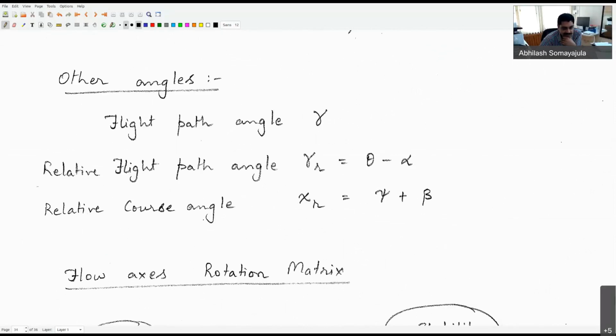Then, since we defined a side slip angle with respect to the relative velocity vector, we can also define a relative course angle, chi r, where that is equal to psi plus beta. Previously, remember that the course angle chi was denoted as psi plus beta c, or this was called the crab angle. And this was with respect to the actual velocity vector, whereas this beta is with respect to the relative velocity vector.